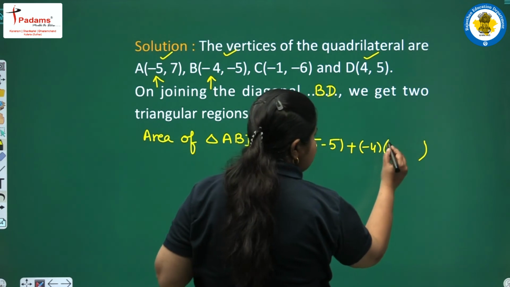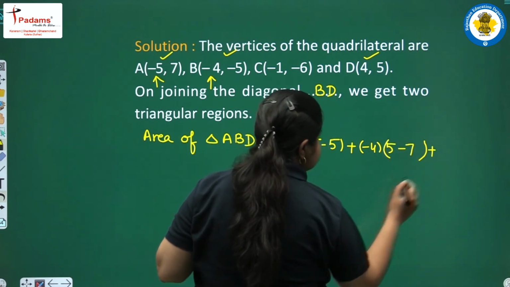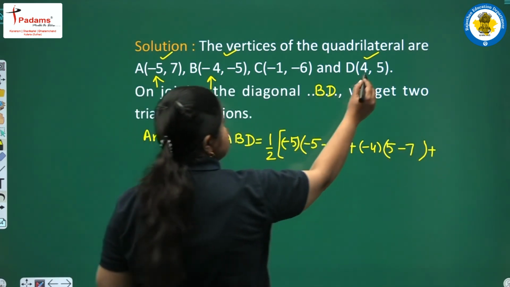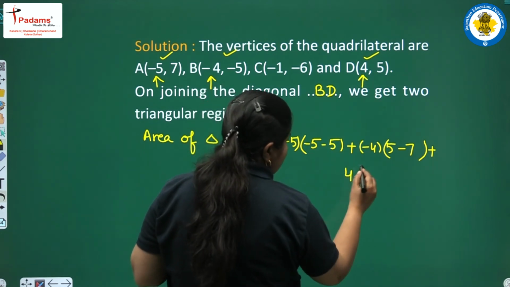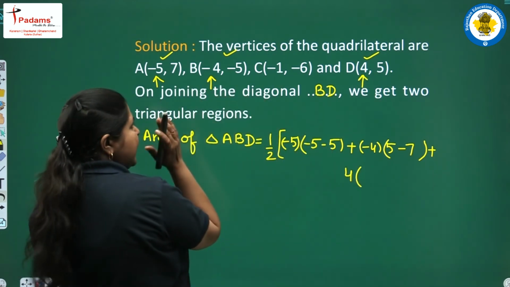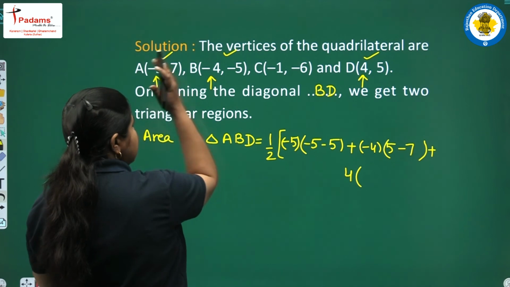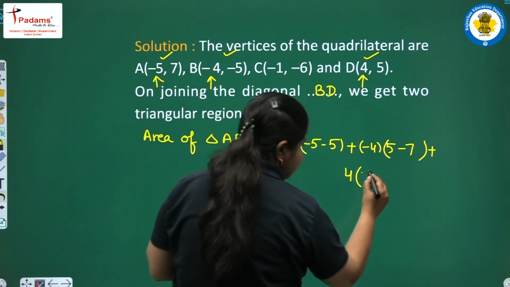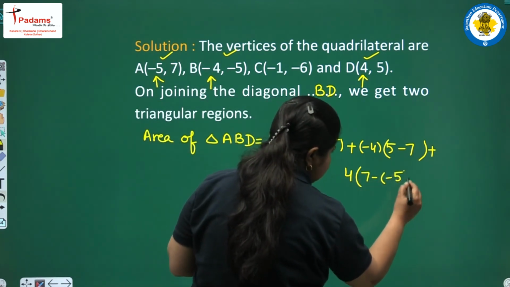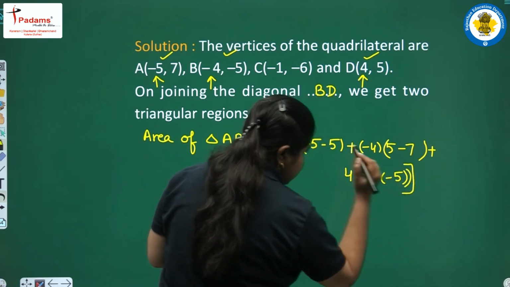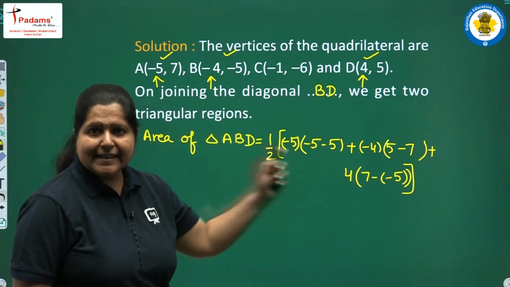So we will have 5 -7, plus then the third coordinate it will be this one, 4. और अब हमें बाकी 2 पॉइंट्स के y कोऑर्डिनेट्स लेने हैं. 7 minus of -5. In this way we have written these values.